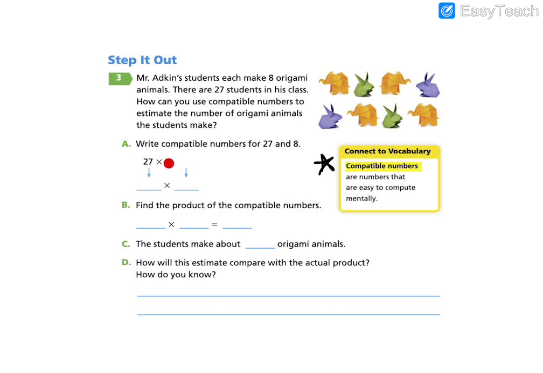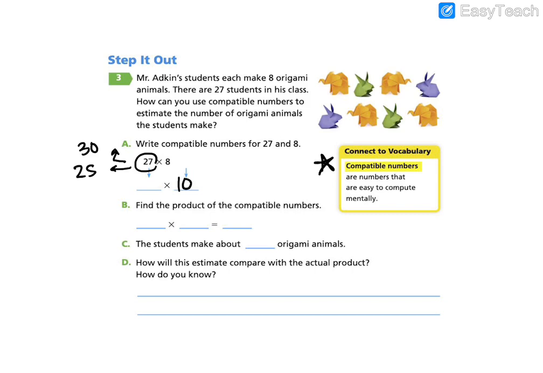Right away, I think of 8, and 8 is pretty close to 10. Now 27, I can think about a couple of different things, right? I could use rounding. It's going to be close to 30. Another compatible number is a number like 25. Because when I use 25, I can think about quarters, and it's just a nice number for me to be able to compute.